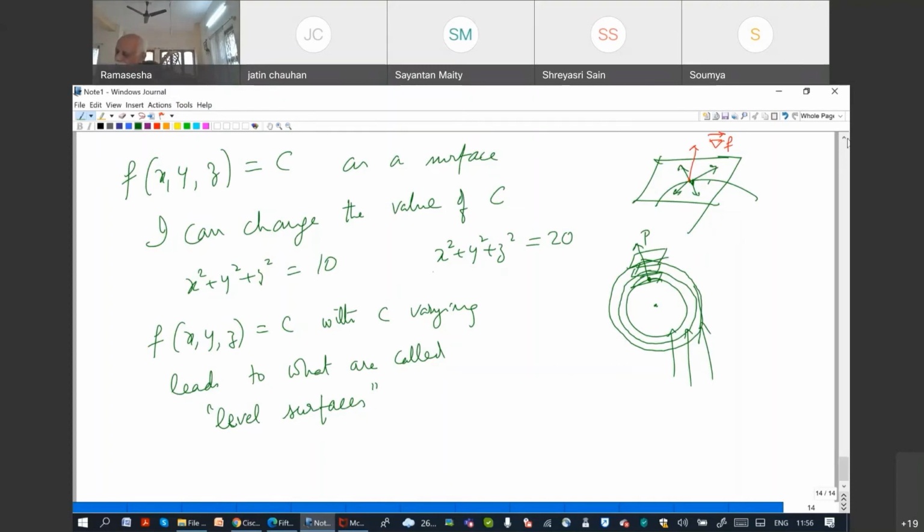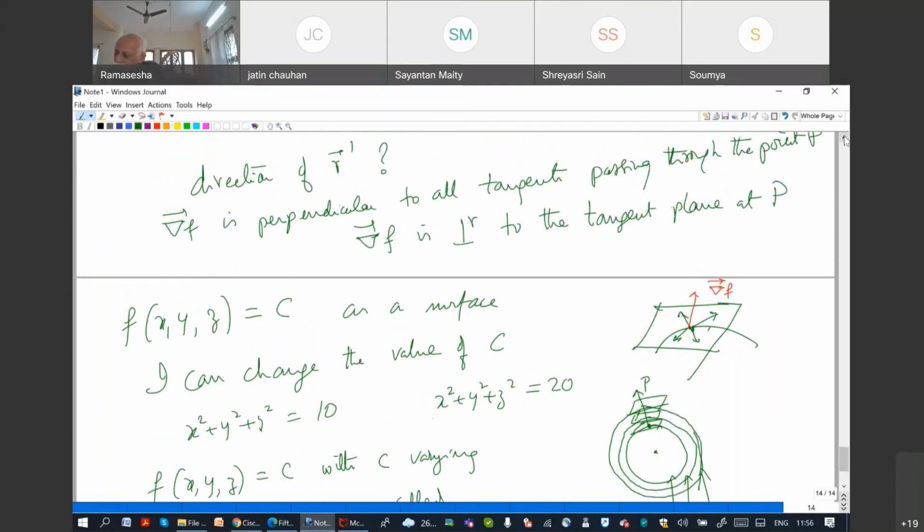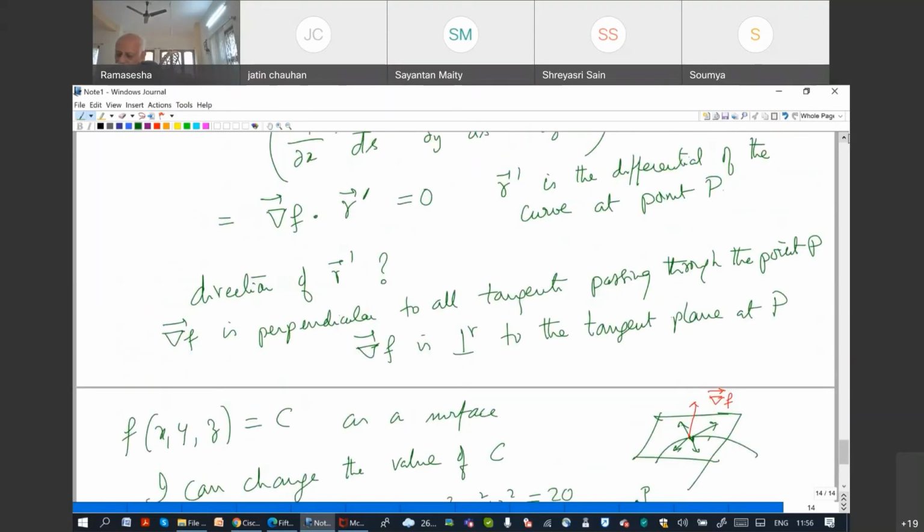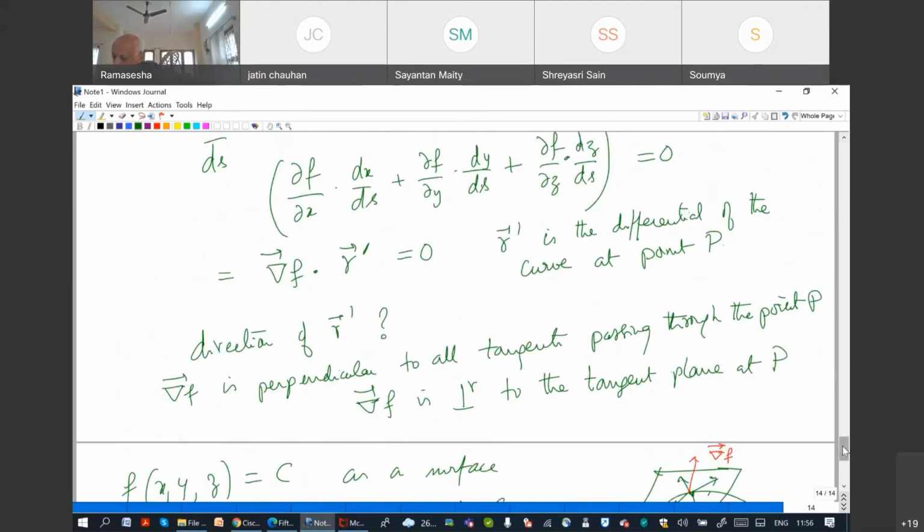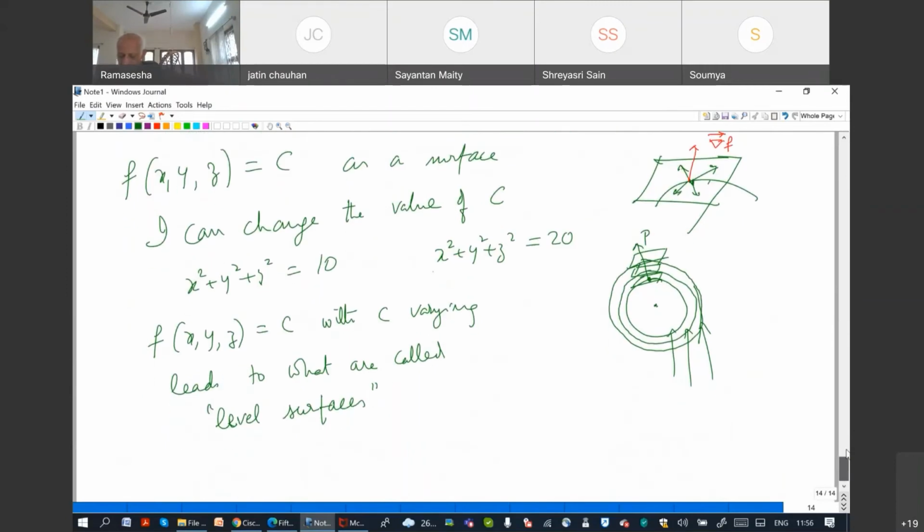Let me try to explain it in more detail. In one case, I have x squared plus y squared plus z squared equal to 10.